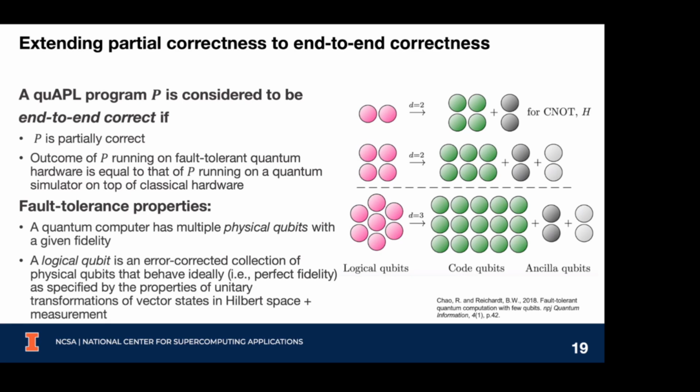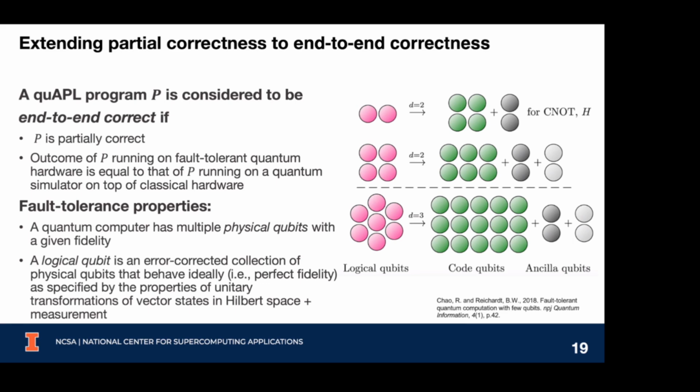Basically, the reason is that right now, quantum software relies on both classical and quantum sides. So we want partial correctness to ensure that the quantum program is correct on the classical side, and end-to-end correctness will ensure that it combines the classical and the quantum sides.